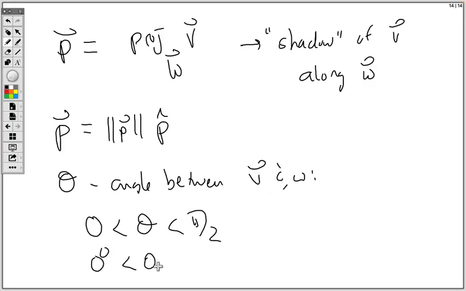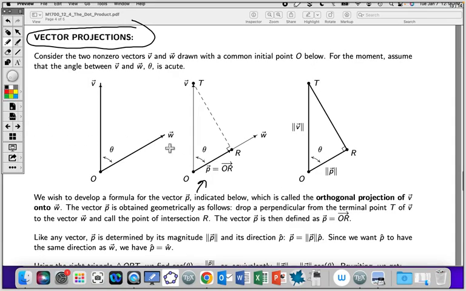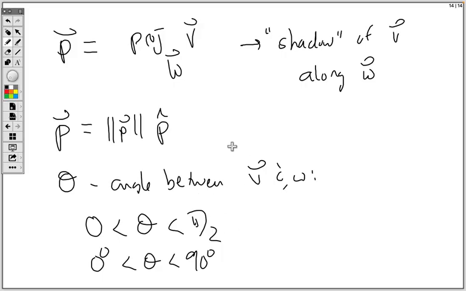So it's between 0 and pi over 2 radians, 0 to 90 degrees. Then you can look in the book to see how we can adjust things for the other case. So if theta is an acute angle, then when I project this down, the direction of P is the same as the direction of W. So in this particular case, P hat is the same as W hat.